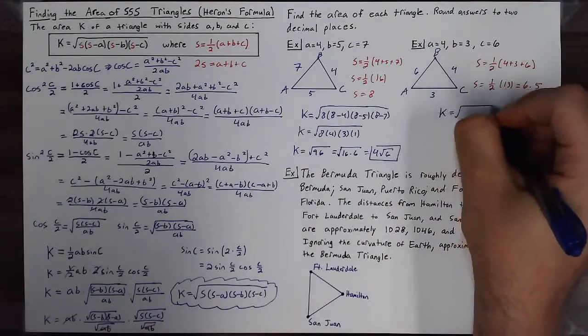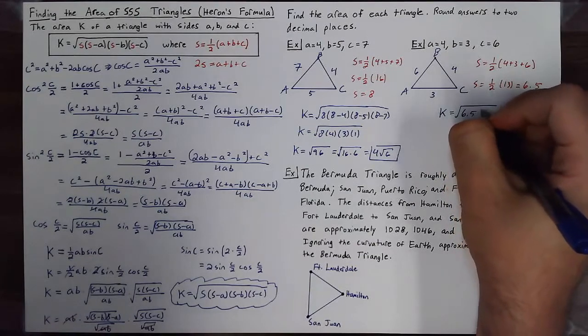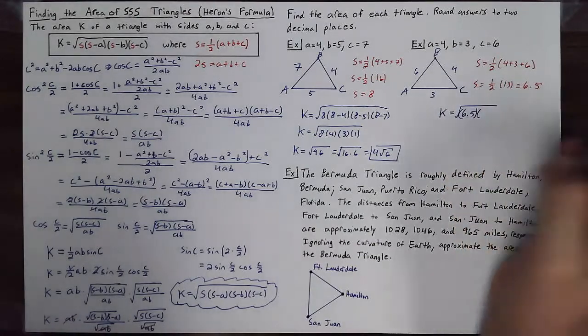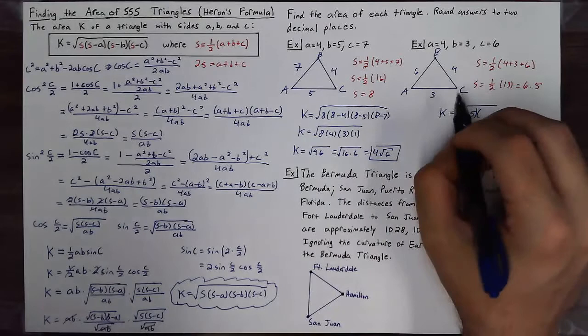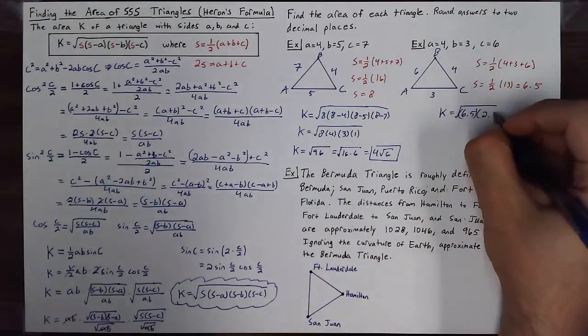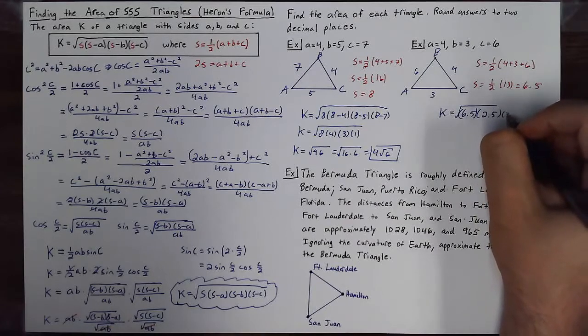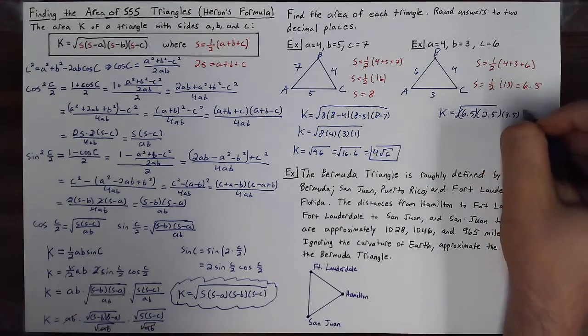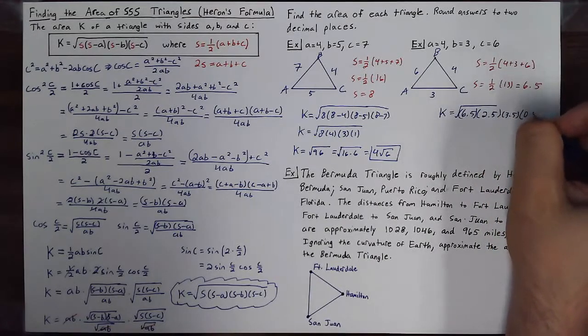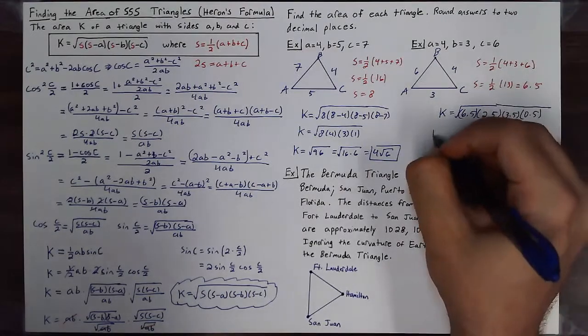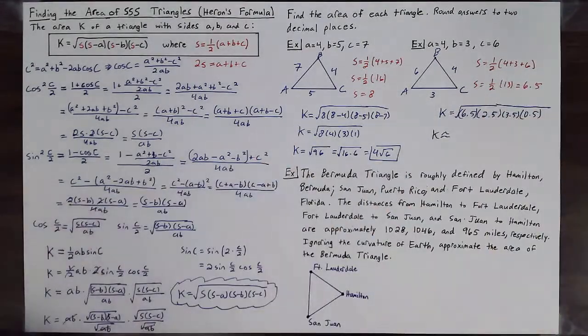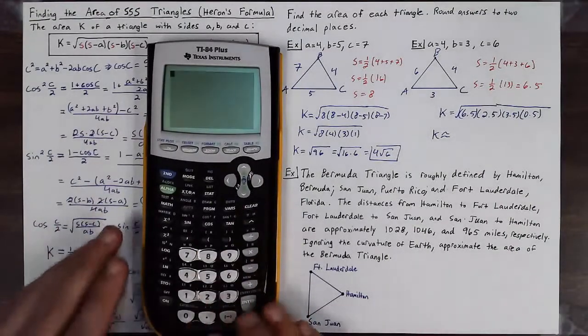I have the square root of 6.5 times 6.5 minus 4, which is 2.5. 6.5 minus 3, which is 3.5. And then 6.5 minus 6, which is 0.5. And then I could just plug all of that into my calculator to find the answer.